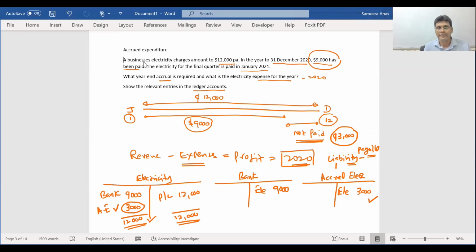And the electricity expense for the year is 12,000. So this is the answer for this particular question, and show the relevant entries in the ledger accounts. So these are the ledger accounts. And one more question I will discuss.